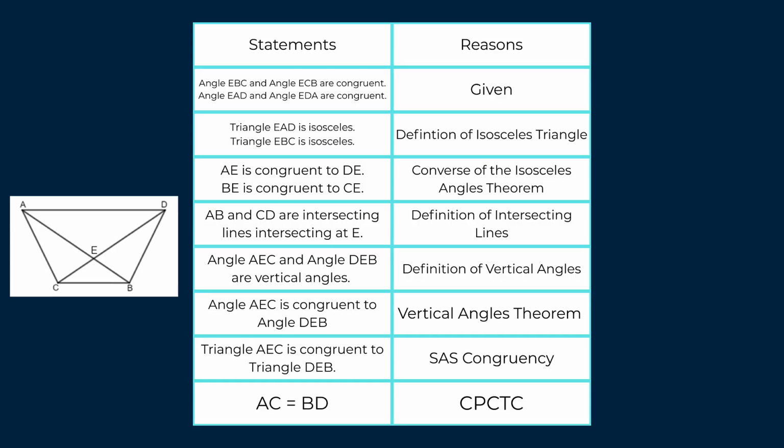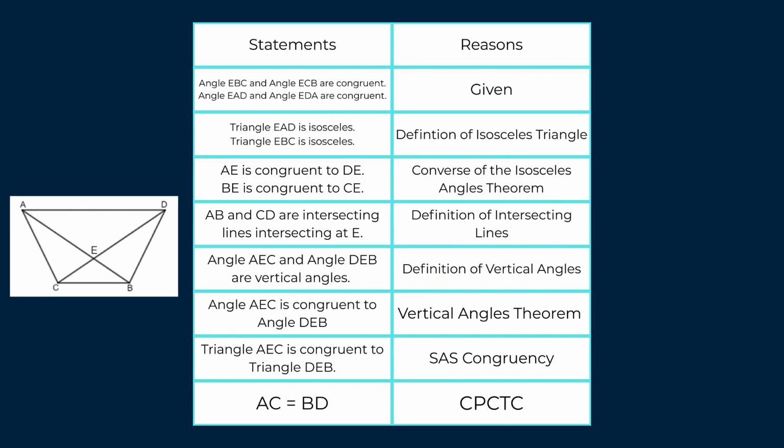Triangle AEC is congruent to triangle DEB because AE is congruent to DE, angle AEC is congruent to angle DEB, and EC is congruent to EB. So we can prove triangle AEC is congruent to triangle DEB by the SAS congruency, side, angle, side, because there are two sides and their included angle.